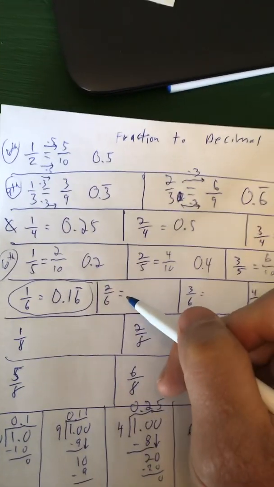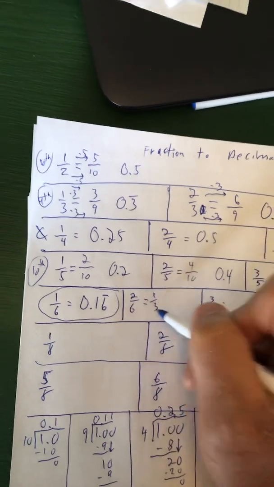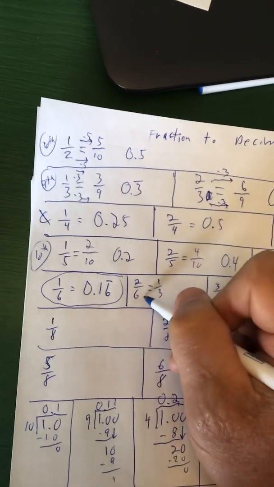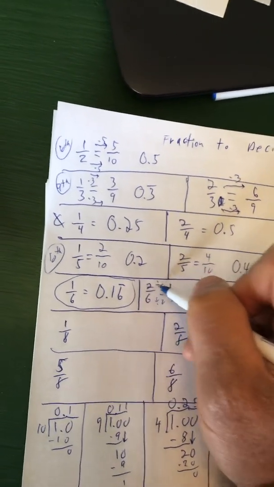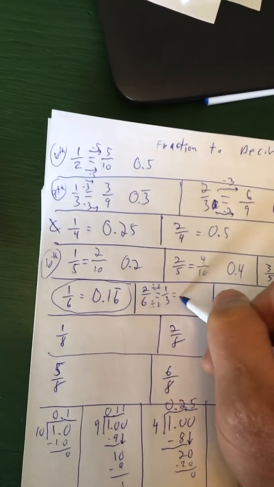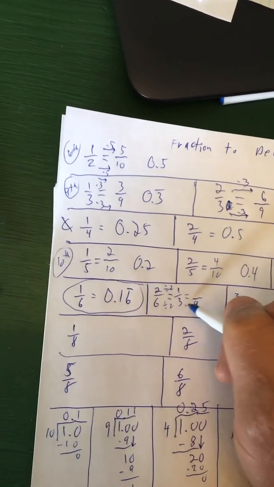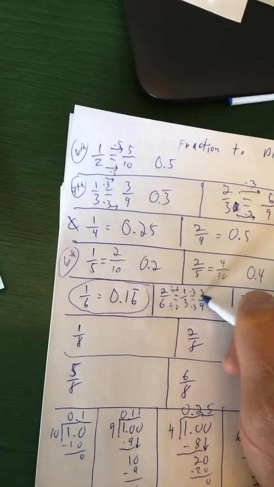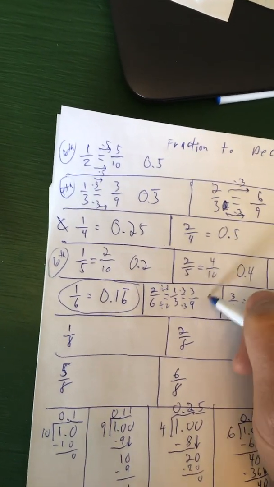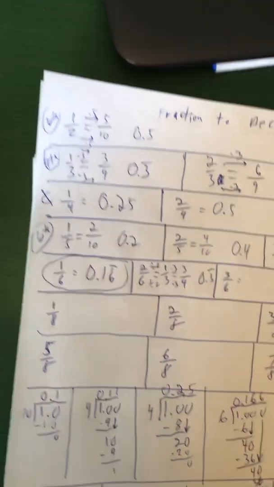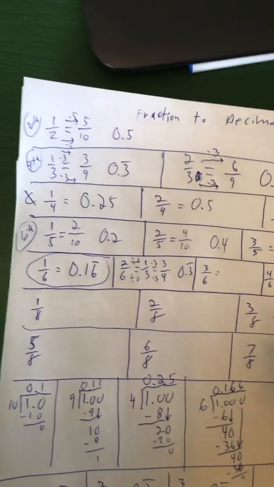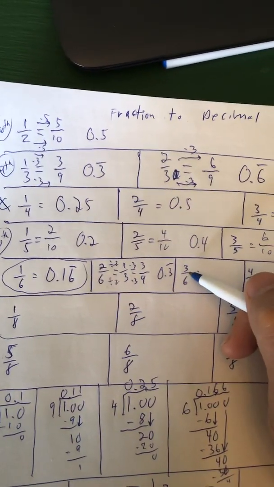Now 2/6 reduces to 1/3. I can divide both those by 2. And then 1/3 becomes ninths. I can multiply both those by 3. And so 2/6 is 0.3 repeating. I don't have to do any long division. This reduces to a half.